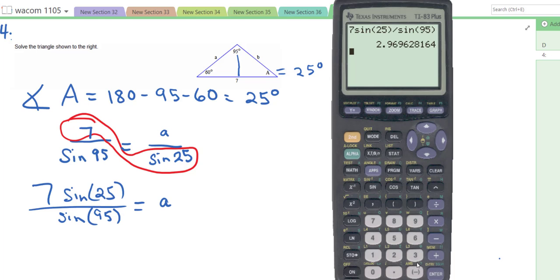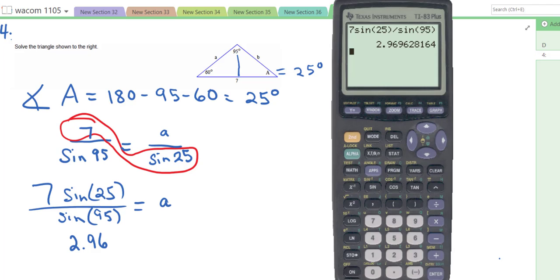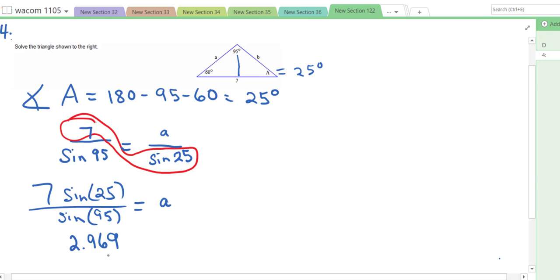And I am getting 2.96, and I believe it was a 9. And that would push my 6 up, so 2.97 will be a.